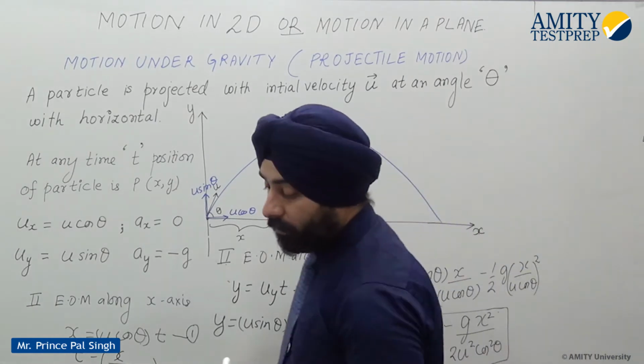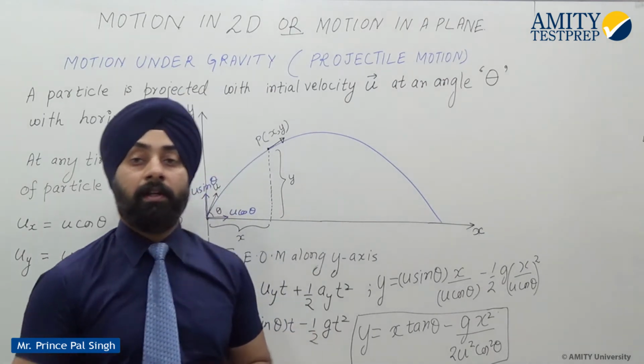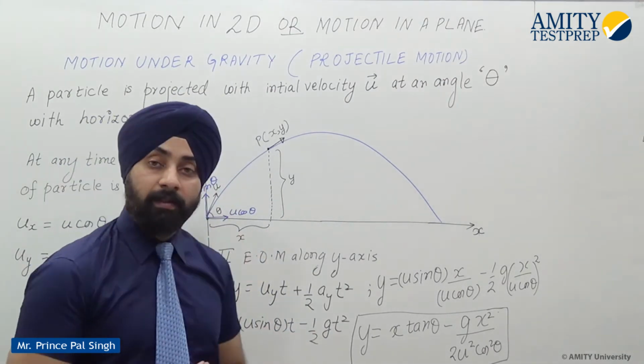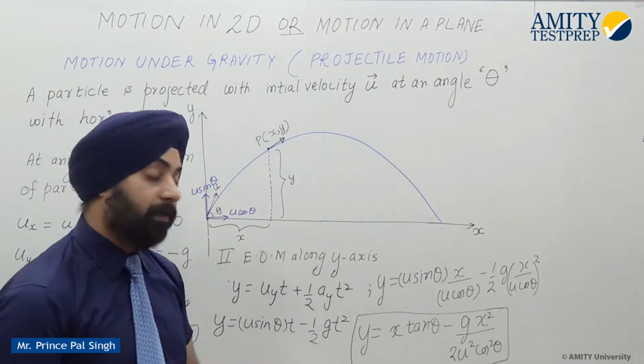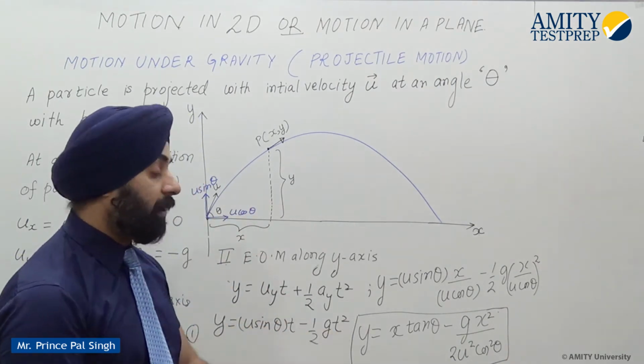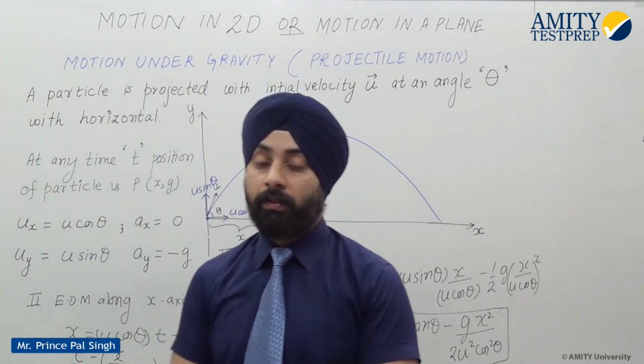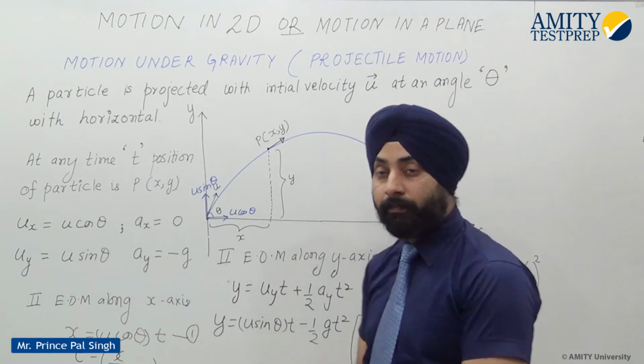That is the equation which gives us the relation between x and y. x is the horizontal displacement and y is the vertical displacement. The relation between x and y is called the path of the projectile or the equation of the path.